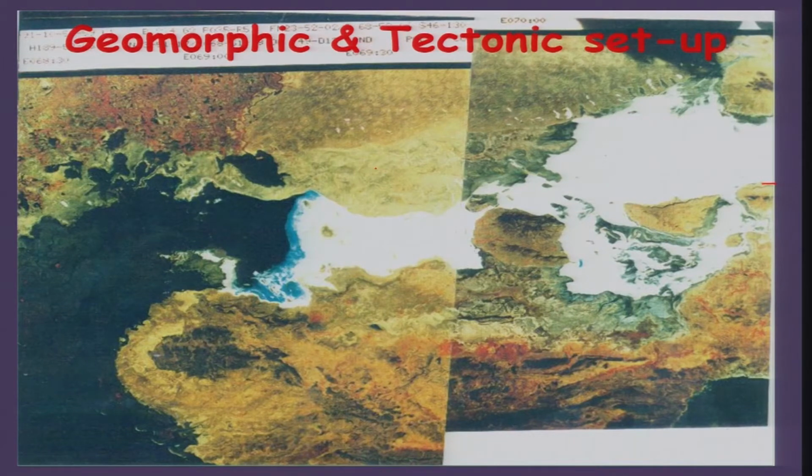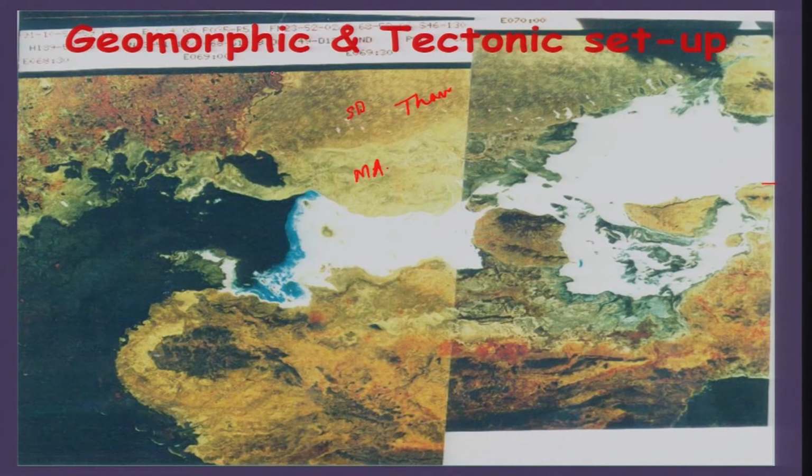So this is a marshy area, and this region, if you see, shows some linear features over here like this. These are all sand dunes, and this is the area known as the Thar Desert.